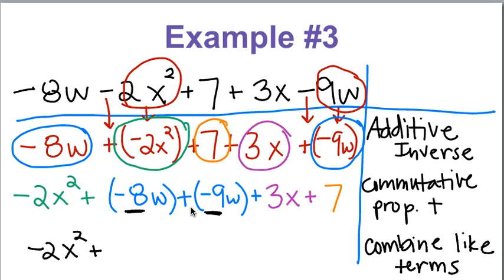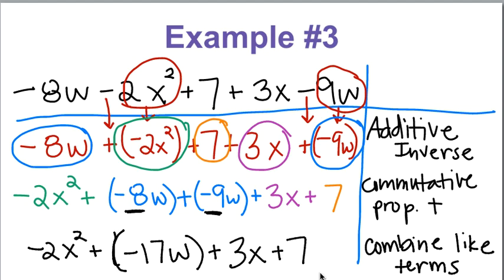So let's think about this. If I have 8 negative w's and I combine it with 9 negative w's, together I have 17 negative w's. That's a parenthesis. I only have a 3x and a 7. Nothing crazy there.